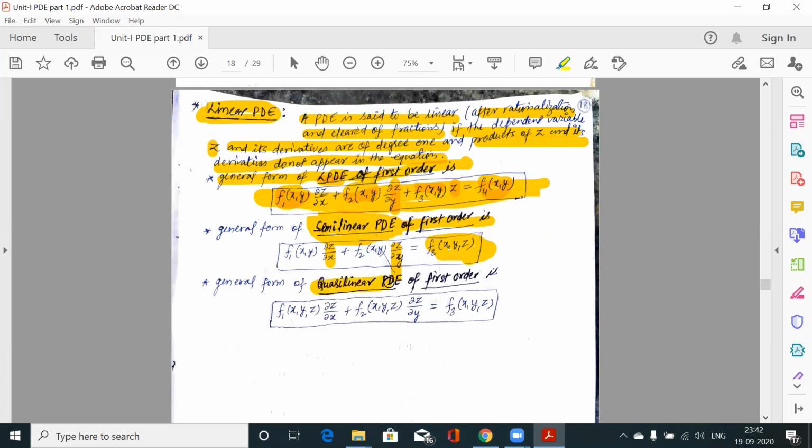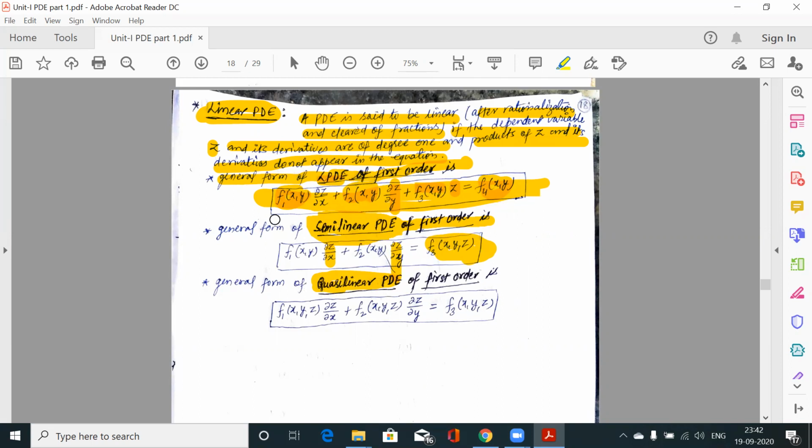Now the next term is Cauchy linear. So first is linear PDE of first order, second is semi-linear PDE of first order, and last is Cauchy linear PDE of first order. And what is the difference?